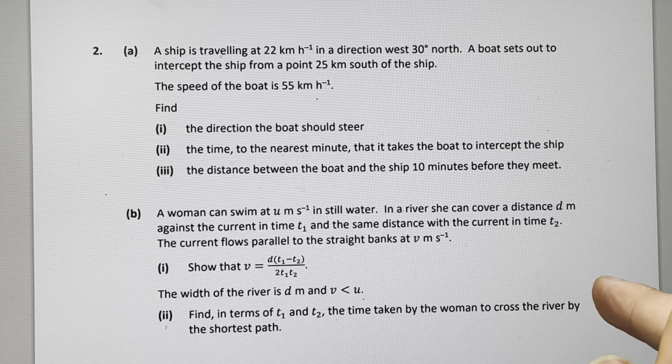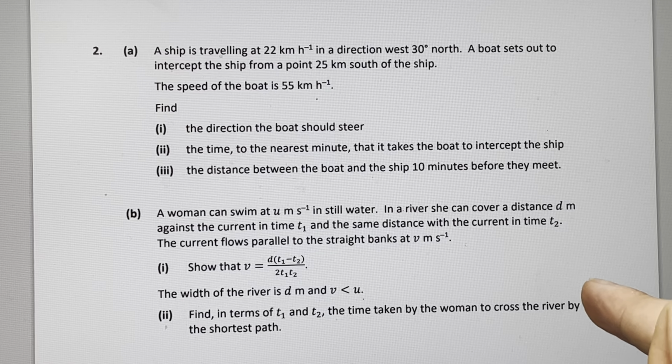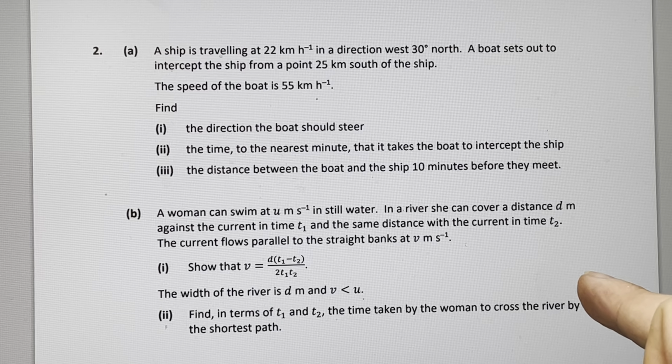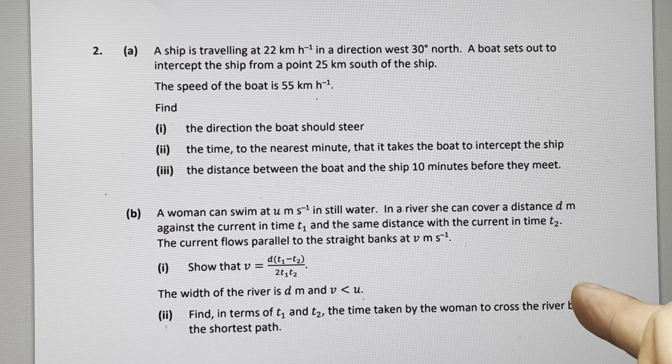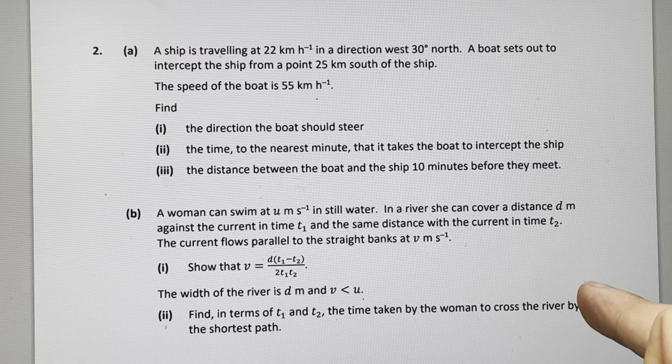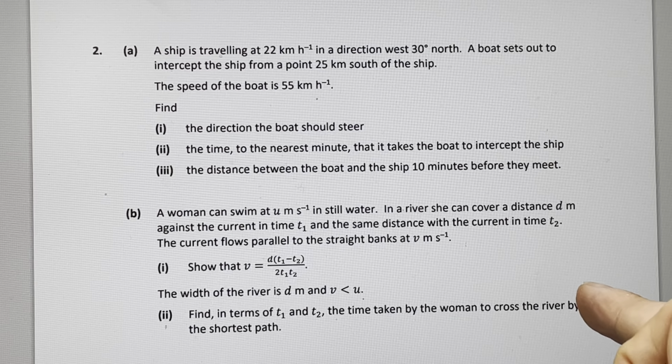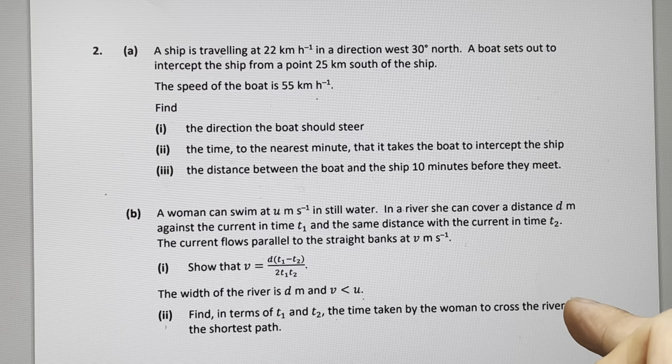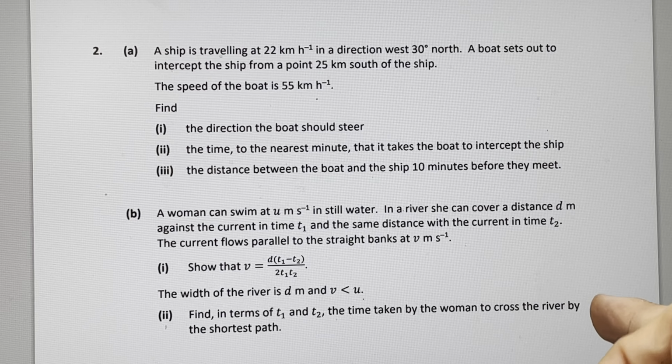So the velocity of the woman relative to the river is U. She covers a distance of D against the current in time T1. That's a little bit ambiguous there, but okay. And the same distance with the current in time T2. So T2 is going to be a lot less.